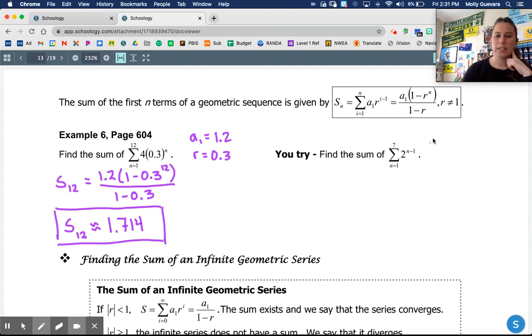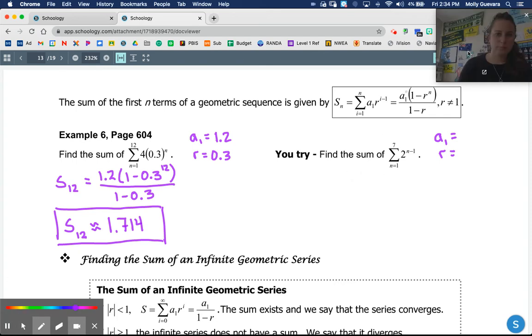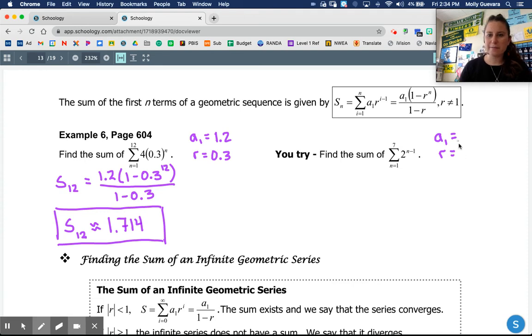Okay, try it over here, right? Find your first term, find your R, and then find the sum of the first 7 numbers. All right, so let's look at this. My first term, if I plug in 1 minus 1 is 0, and 2 to the 0 is 1. So my first term is 1. And my R is 2, because that's the base of my exponent.